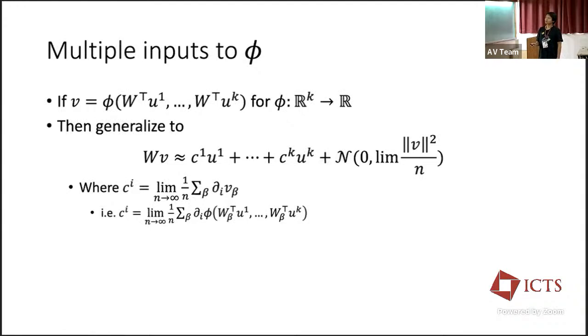You essentially take a derivative of V against the corresponding input, and then you average over the neuron dimension. And then this would converge to something deterministic when the width n goes to infinity.